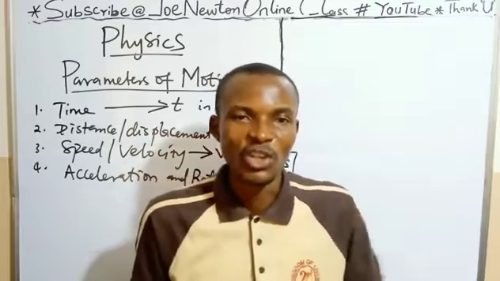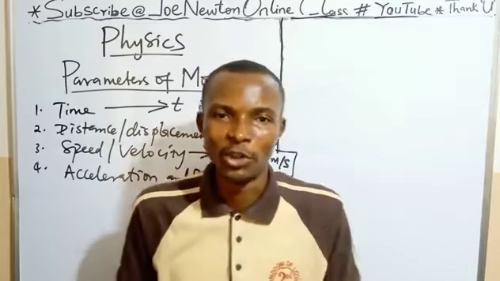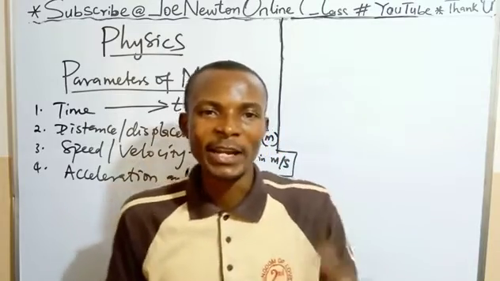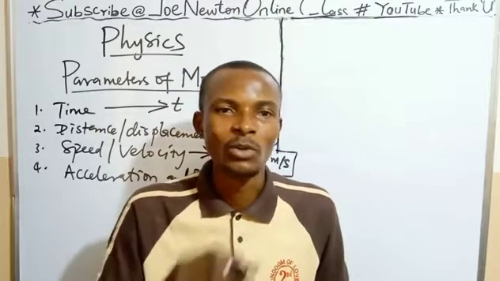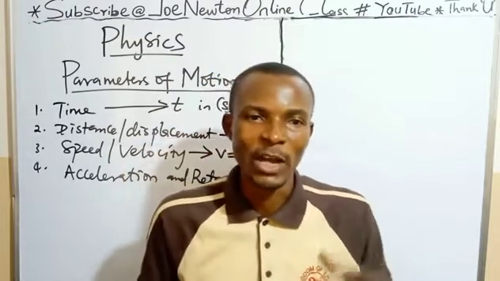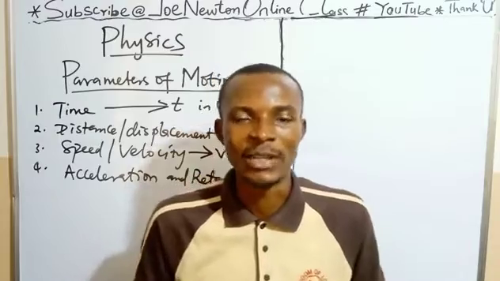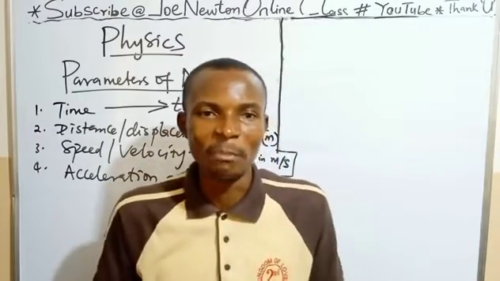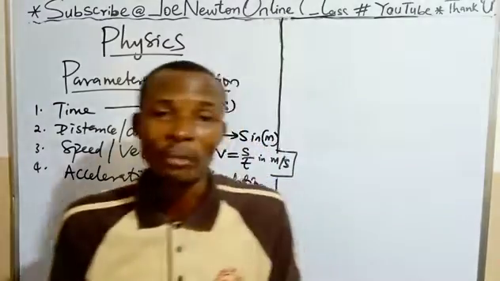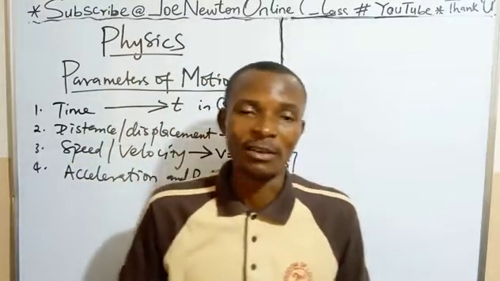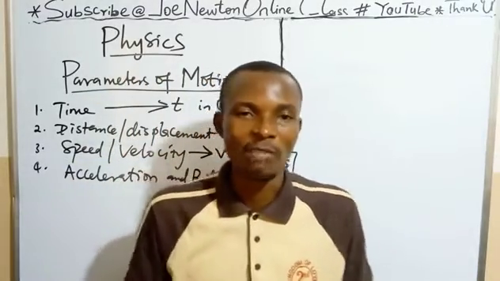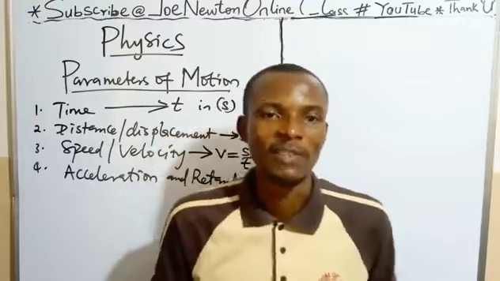Simply put, the speed of an object in motion is determined by dividing the total distance covered by the total time taken in that journey. That is why speed is distance per unit time, and the standard unit is meter per second. It can also be in kilometer per hour, as we see rated in vehicles, but you can convert it to the standard unit of meter per second.